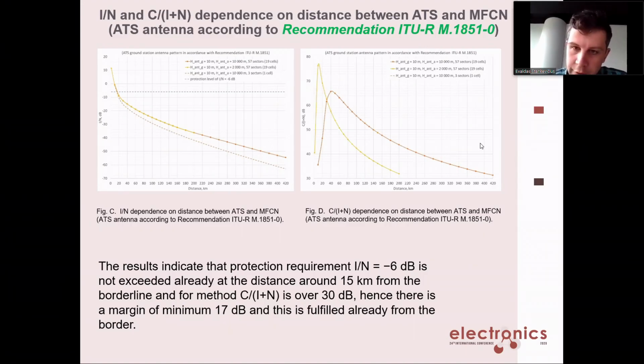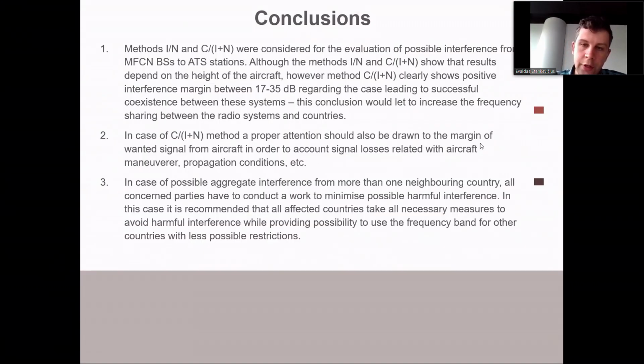So we see in radiocommunications that a power margin between 17 and 35 dBs would let us share the spectrum in a much more effective way.